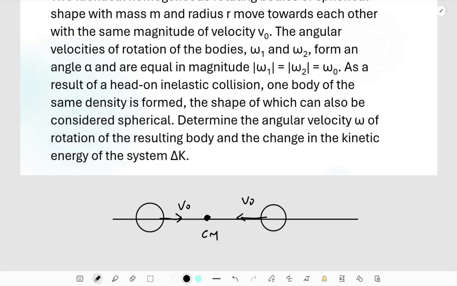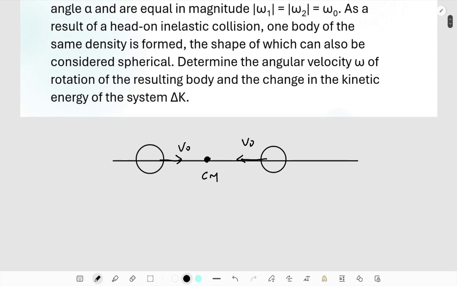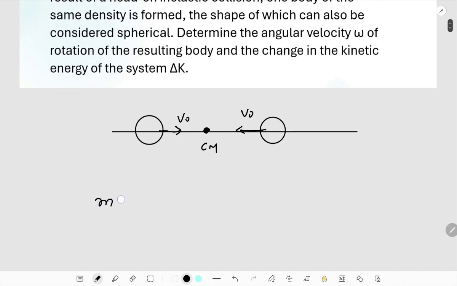Consequently, the total momentum of the system and the total angular momentum in the lab inertial frame, which is related to the earth and is at rest with respect to the earth, are conserved. So we could write the first principle, conservation of linear momentum, that is mv naught minus mv naught equal to 2 mv, and this says v is equal to 0.